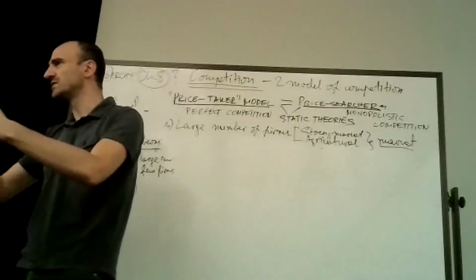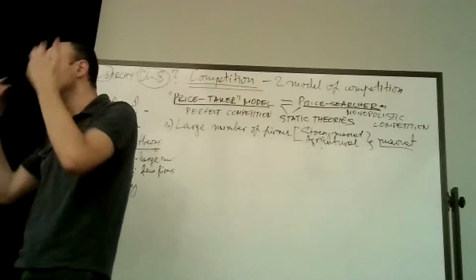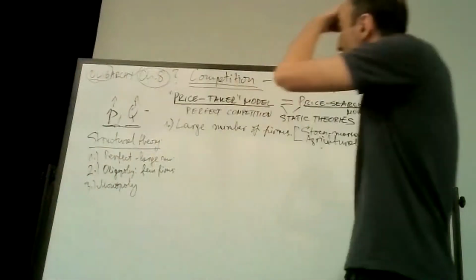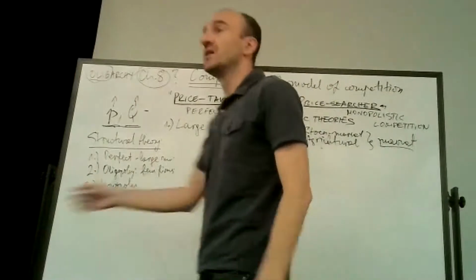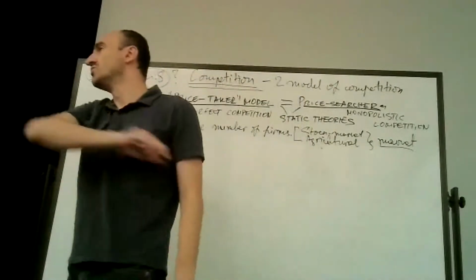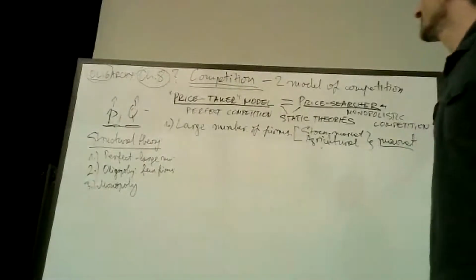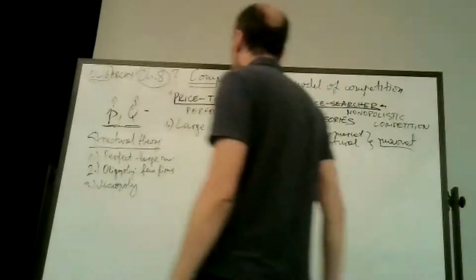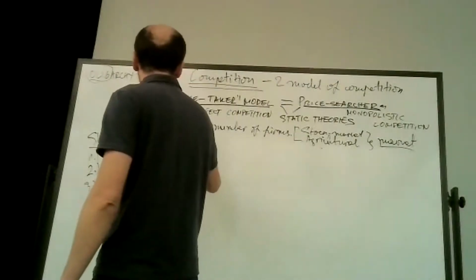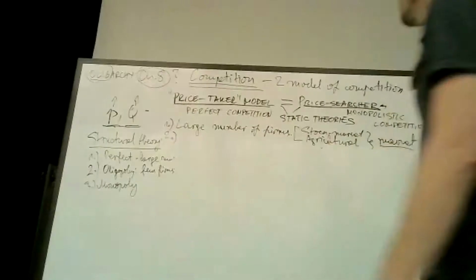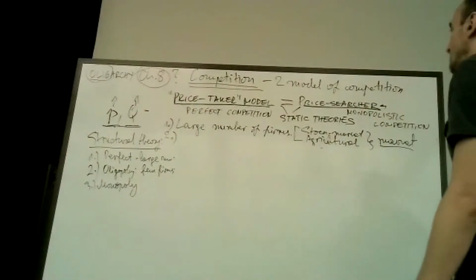A smaller number of sellers corresponds in our imagination to less competitive conditions. So a perfectly competitive market is one characterized by a huge number of firms selling in the market.